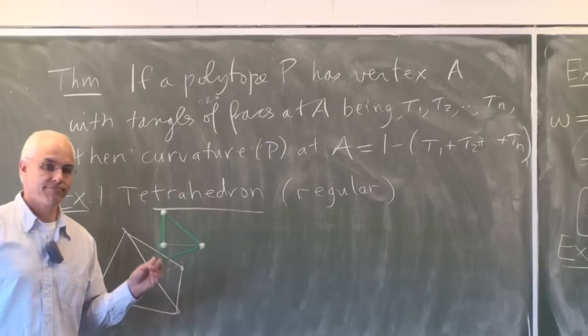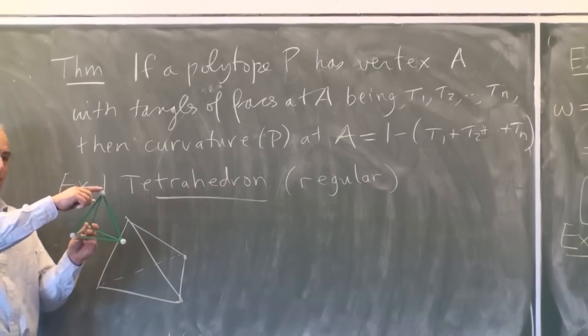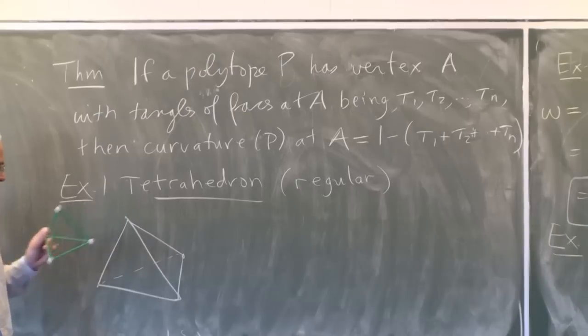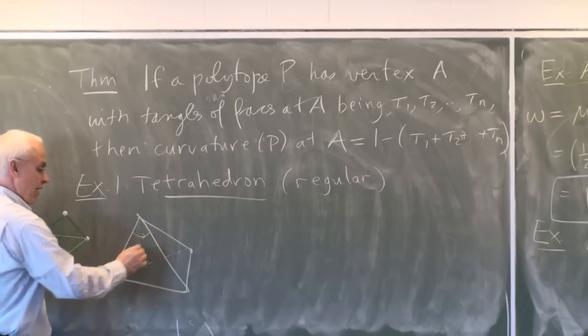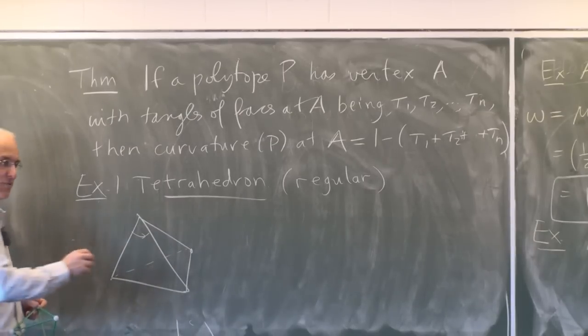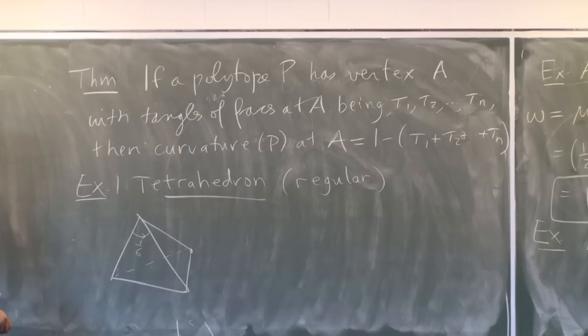So there it is right there. So if we take a vertex, what are the tangles of the faces that meet there? Well, each equilateral triangle has a tangle of 1/6 of the way all the way around. That's 1/6, same as 60 degrees.